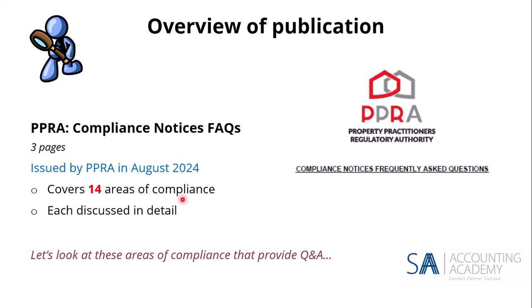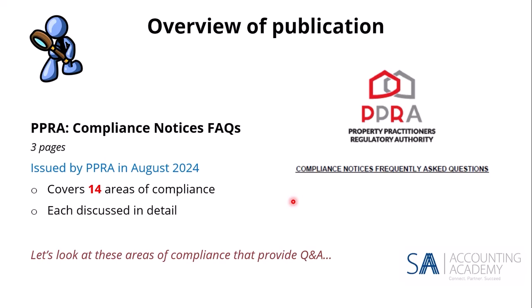So a compliance area would be discussed. Right, so the document itself is only 3 pages long, but it contains, like I said, the 14 areas of compliance. It says compliance notices, frequently asked questions, and it just discusses some of the issues that they had to discuss over the phone.